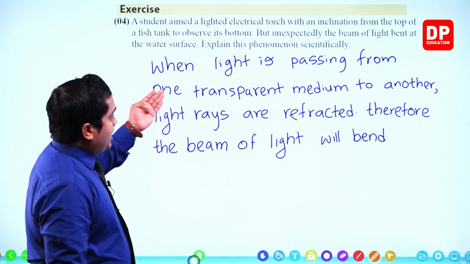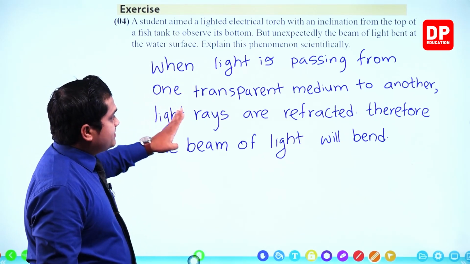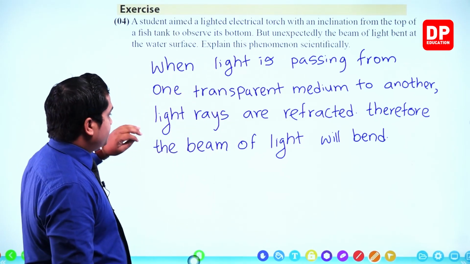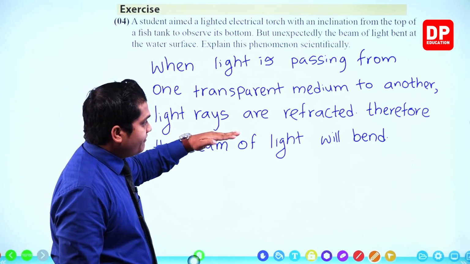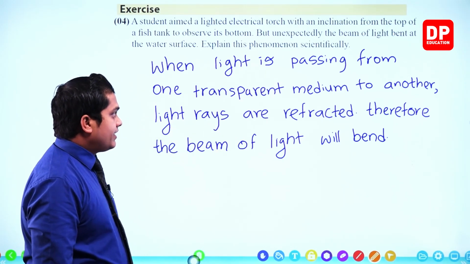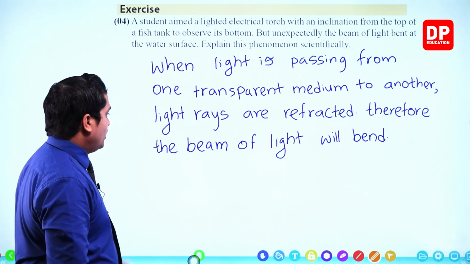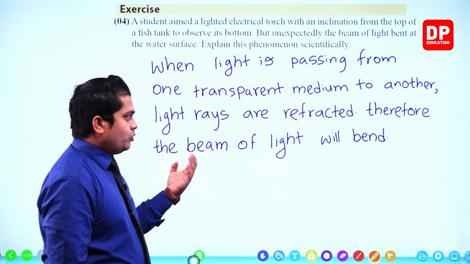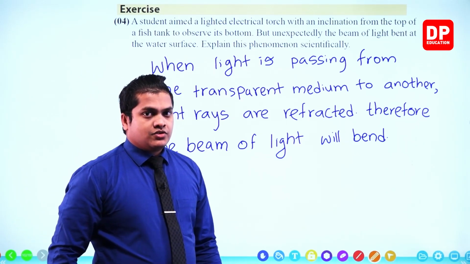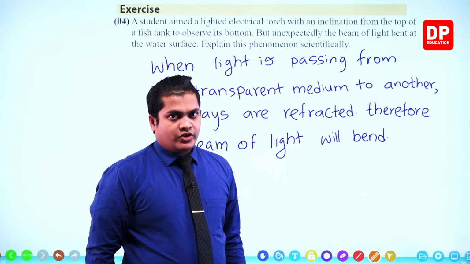So when light is passing from one transparent medium to another, light rays are refracted. Therefore, the beam of light will bend. So this is our answer for the question.